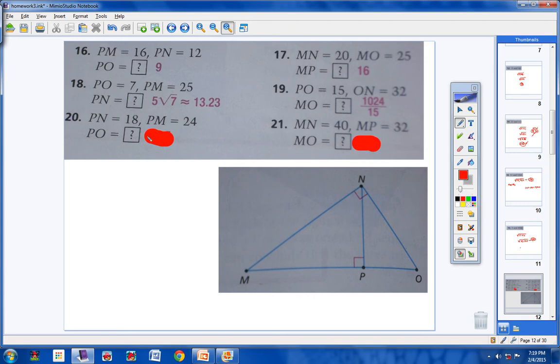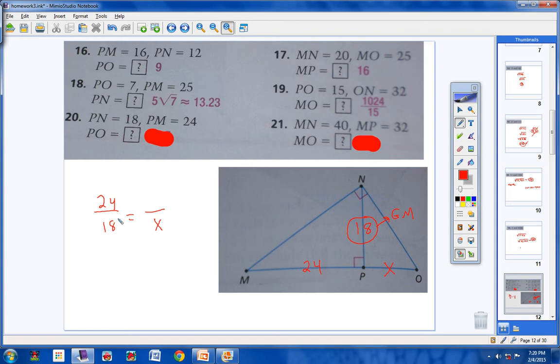Okay, we have PN is 18. So this altitude going up and down is 18. PM is 24. And they want us to find the length of PO. Well, what we've learned is this altitude here, 18, is the geometric mean of these two terms right here, okay? So these are the two terms that I'm finding the geometric mean of. So my 24 goes here, equal sign, and my x goes down here. You write your geometric mean twice.